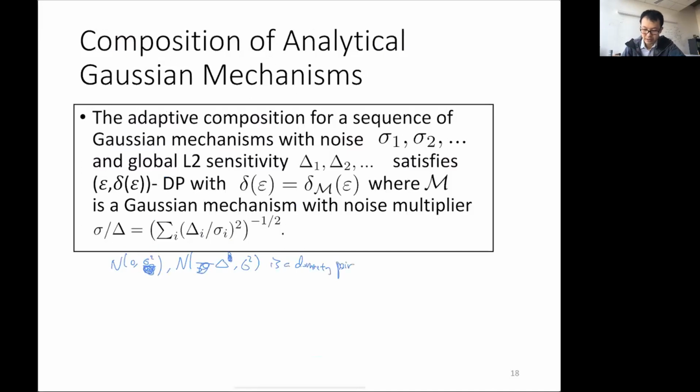And we've seen that if these are dominating pairs, then for the k-fold composition, N(0, sigma squared)^k and N(delta, sigma squared)^k is a dominating pair for M^k, right?